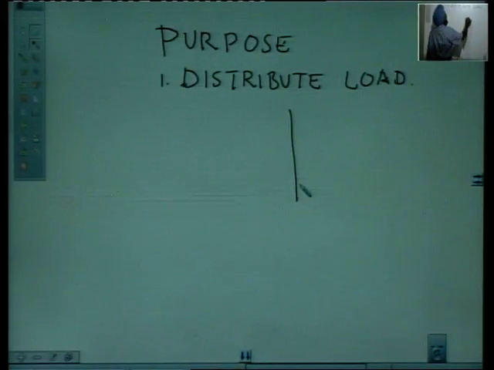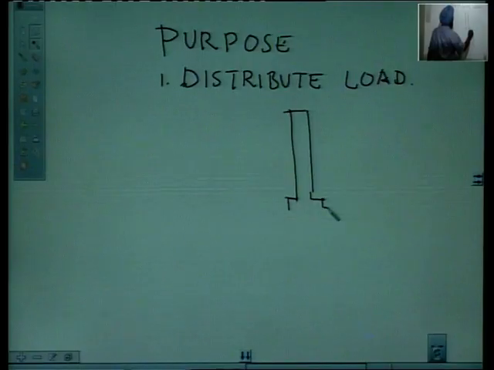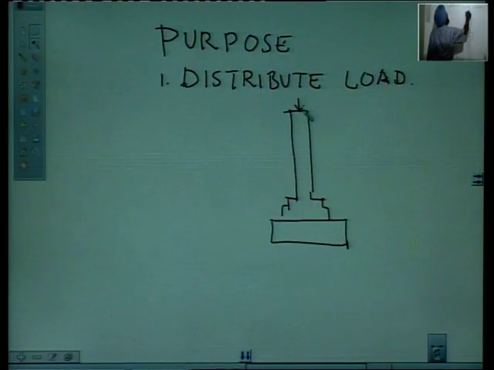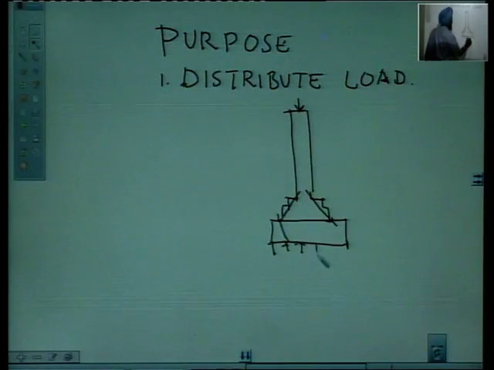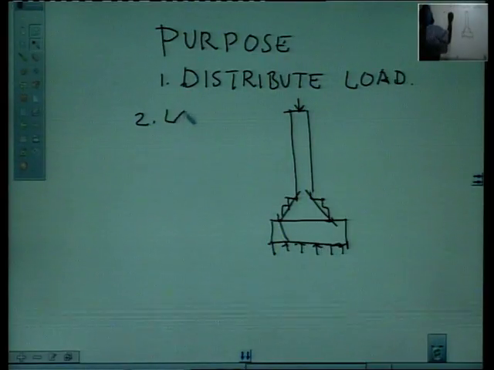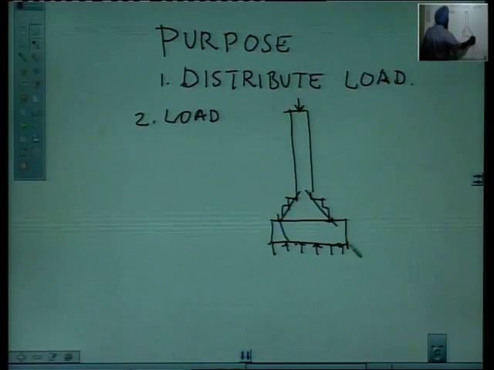If you are having some column and it is my foundation, load coming on this structure is properly distributed to this foundation part so that it can take up the loads. Number 2 is to transmit load equally, so load is transmitted to the soil equally.